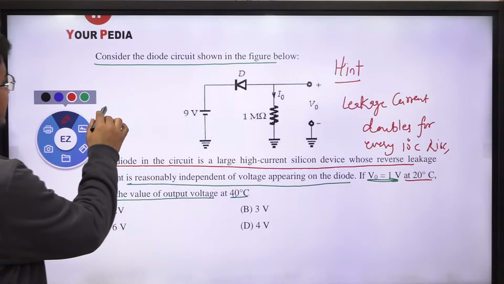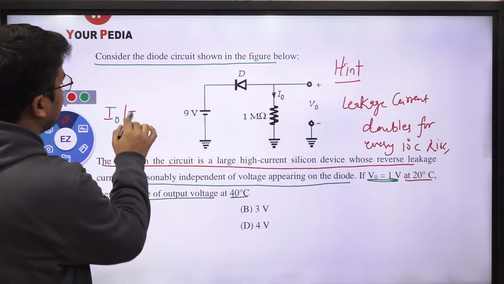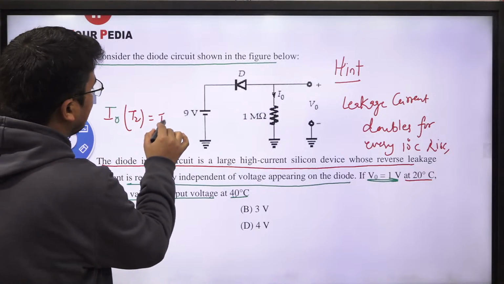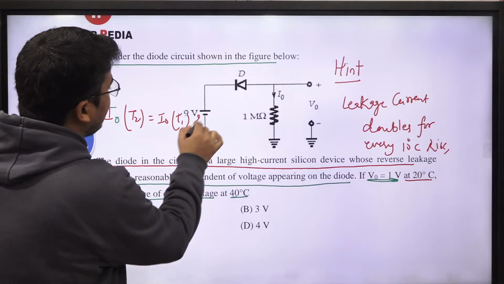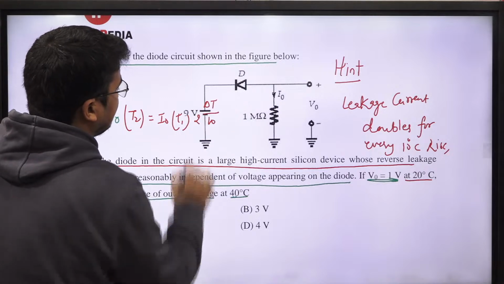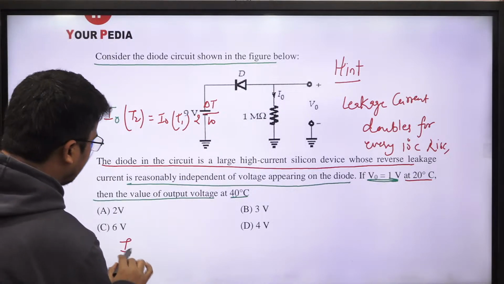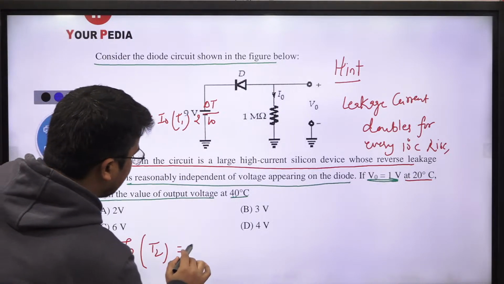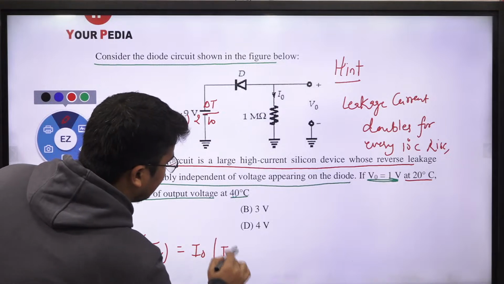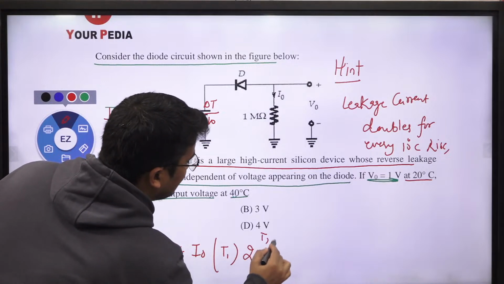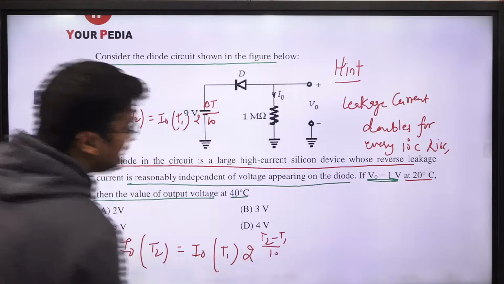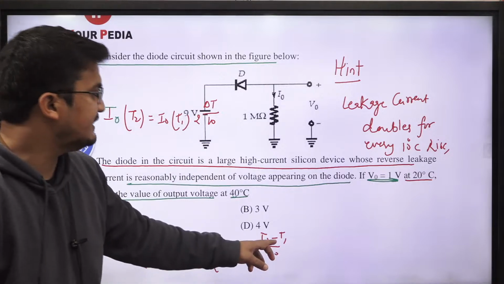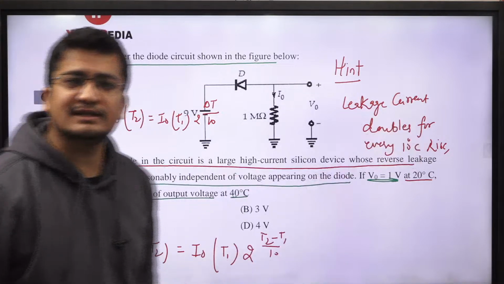And you also might have studied I naught at T2 is equal to I naught at T1 times 2 to the power of delta T divided by 10. So obviously, I naught at T2 is equal to I naught at T1 times 2 to the power of (T2 minus T1) divided by 10. If T2 minus T1 is 10, it doubles for every 10 degrees Celsius.